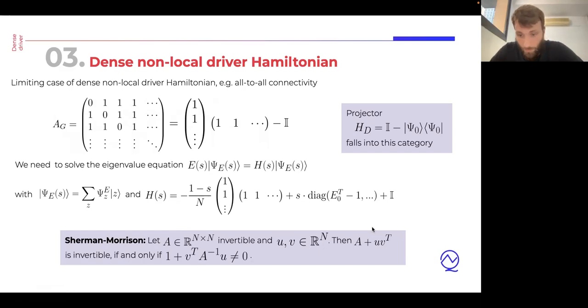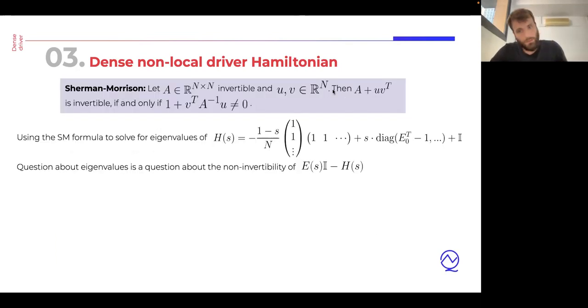And this composite operator is invertible if and only if this expression, 1 plus V transpose A inverse U, is not 0. Again, the Sherman-Morrison formula tells us something about invertibility.